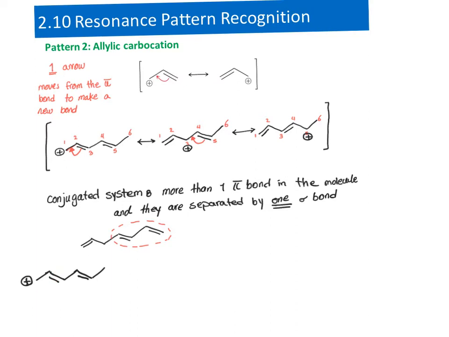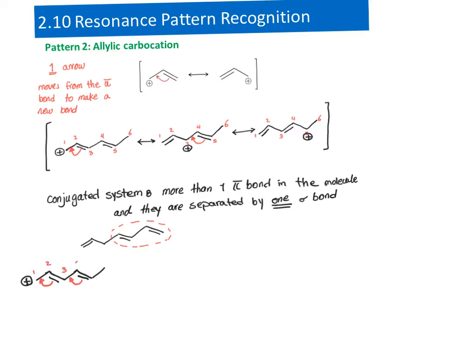So we call that charge a conjugated positive charge because it is conjugated to the pi system. So in these situations, it is common that we combine all the arrows to each other to draw the last resonance structure. So I can push the pi bond here, push the second one here.